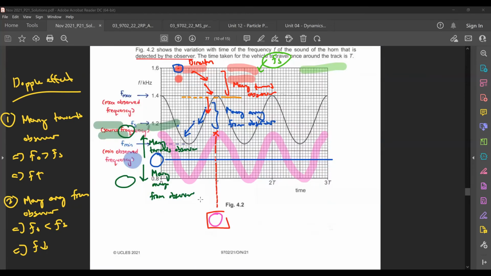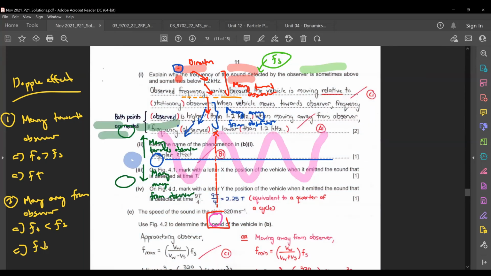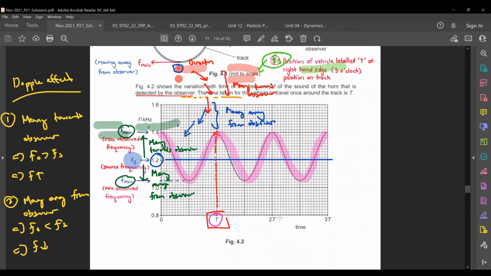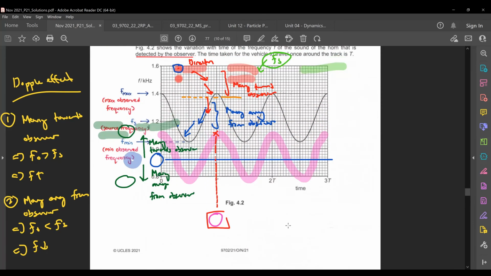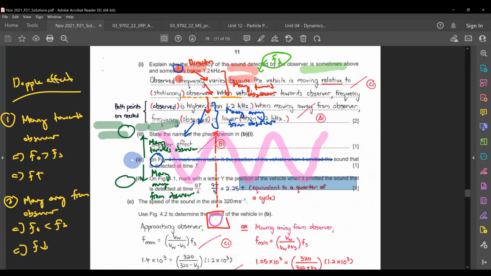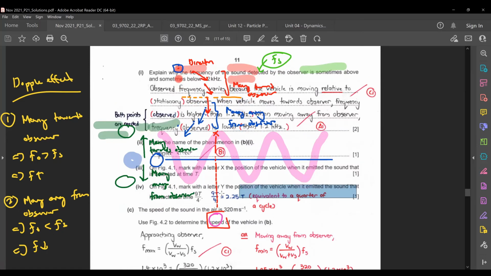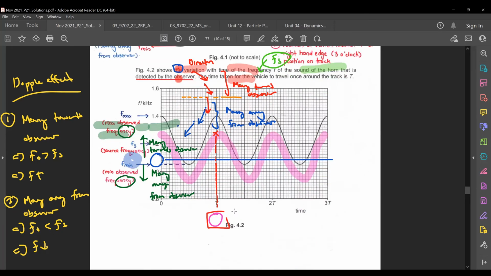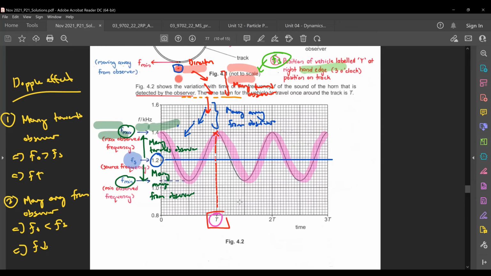Okay, then after that they ask you on figure 4.1, mark with letter Y the position of the vehicle when it emitted sound that is detected at 9T/4. Okay, 9T/4 is 2.25T, right? That one will be given by this position here.